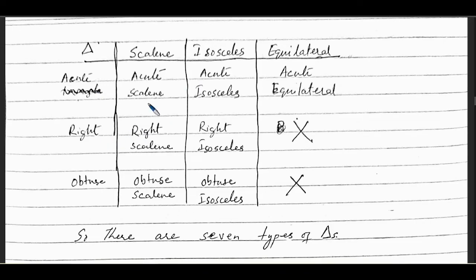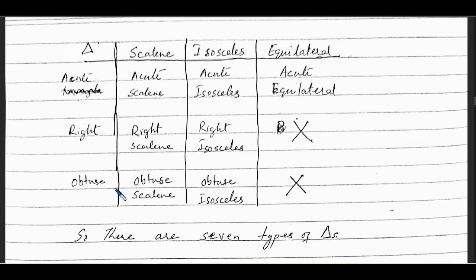I can have right scalene, a right angle where none of the sides are the same. I can have a right angle isosceles triangle, two sides the same and a right angle, but I cannot have a right angle equilateral, because an equilateral triangle has 60, 60, 60 inside, so you cannot have this.